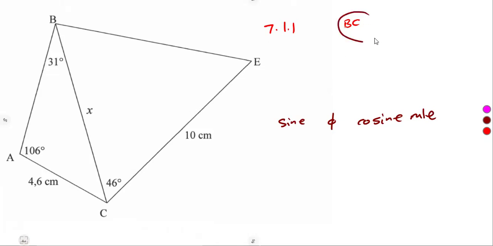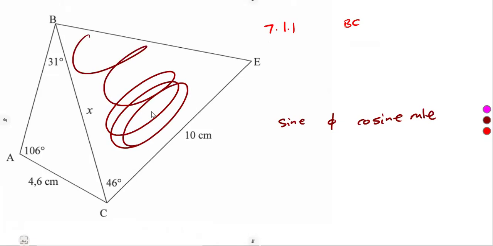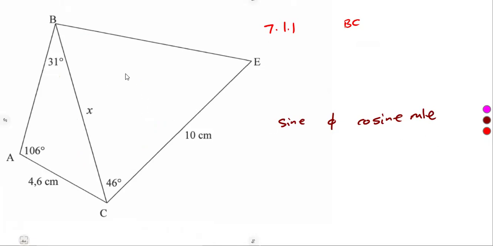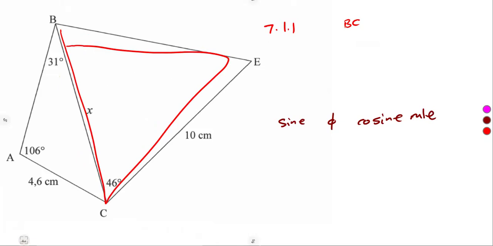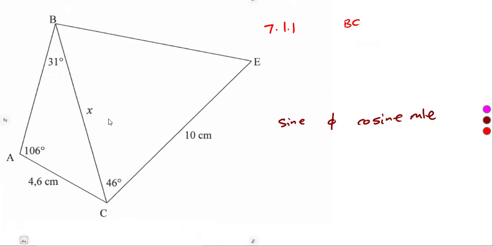So where do we have BC? Are we going to use this triangle or this other triangle? Checking triangle BCE, we are limited in the information we are given.